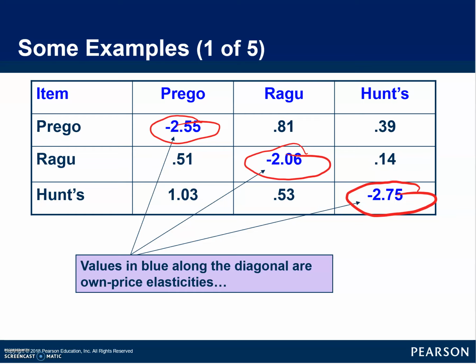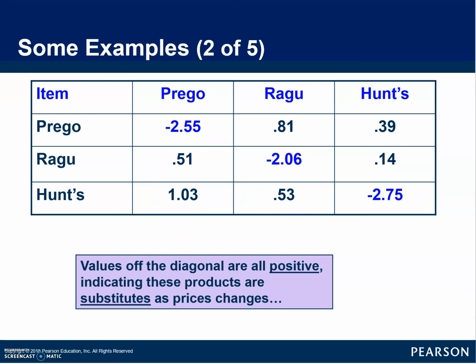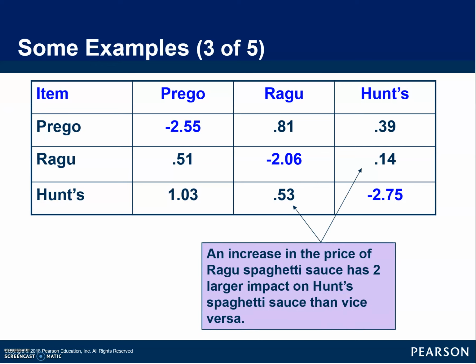If we look at comparing these different products to each other, next one down, we can see that there's an increase in the price of Ragu spaghetti sauce, and it has a larger impact on the Hunt spaghetti sauce and vice versa.